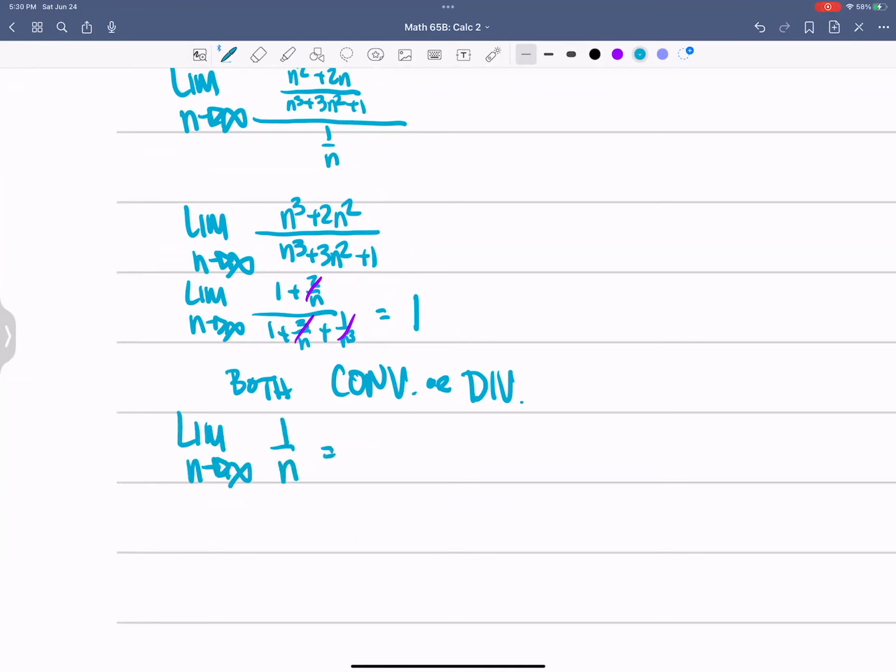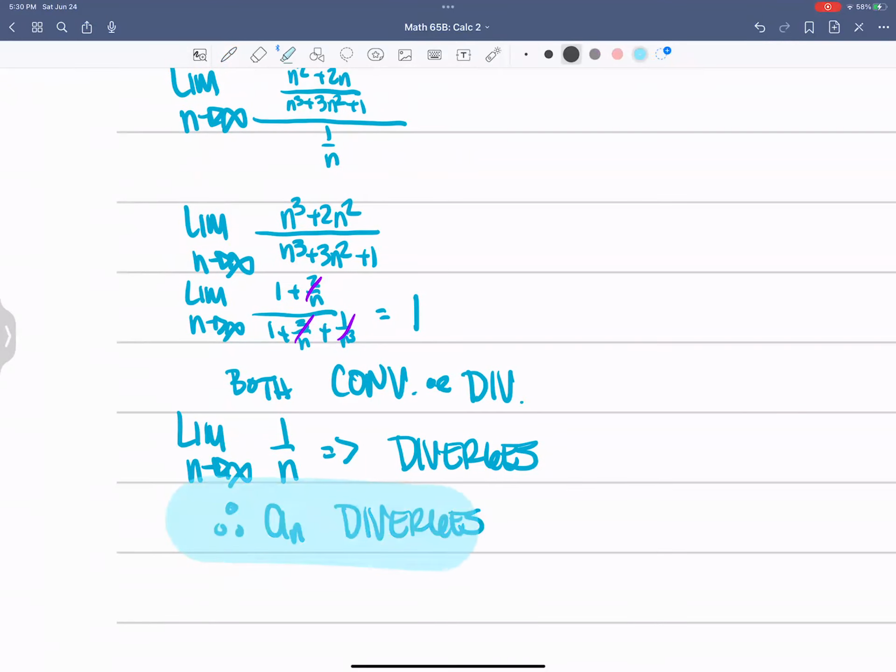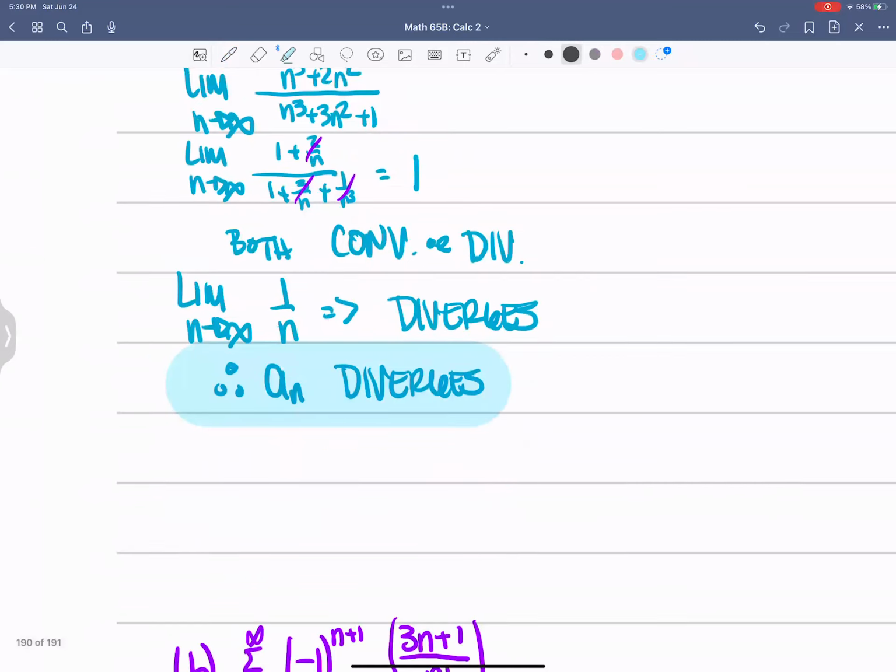And we've proved a couple of times already that this one diverges. So because this one diverges, a sub n also diverges. Therefore, a sub n itself diverges. All right, there's that first one.